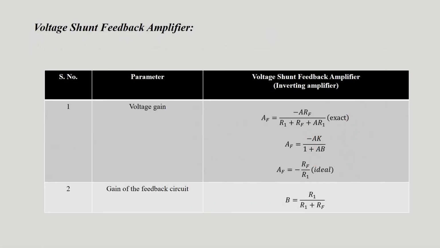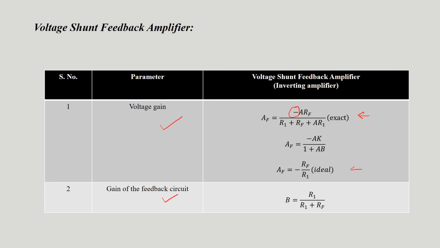So till now we have talked of the voltage shunt feedback amplifier, and we talked of two parameters. One is the voltage gain parameter and another is the gain of the feedback circuit. So we talked of AF, which is minus ARF over R1 plus RF plus AR1. This is the exact value, and AF is equal to minus RF by R1.